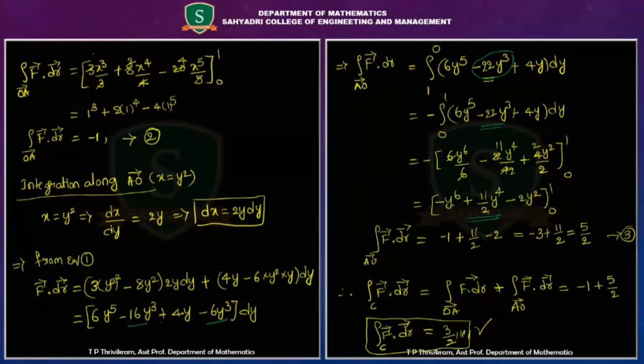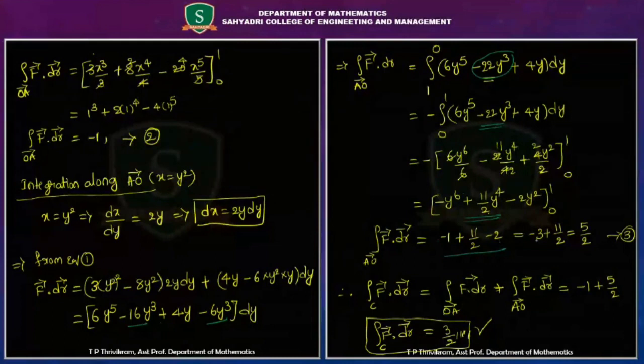How much will you get? Minus 1 power 6 minus 1 plus 11 by 2 into 1 power 4, next minus 2 into 1 square. So minus 1 minus 2 means minus 3 plus 11 by 2. If you take the LCM, minus 6 plus 11, you'll get 5 by 2.